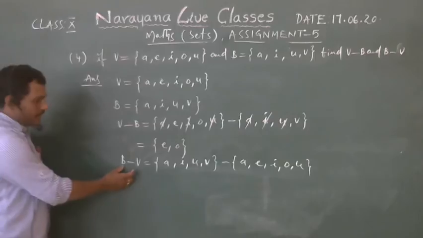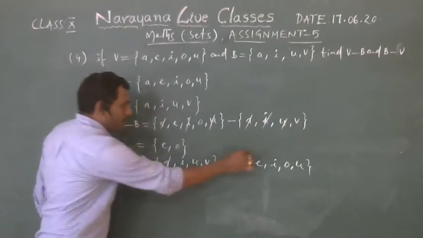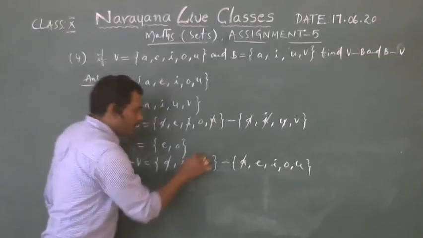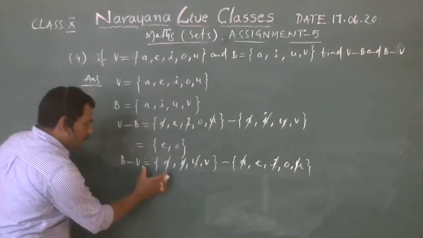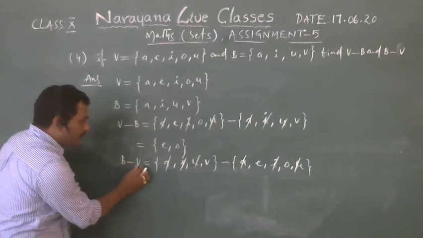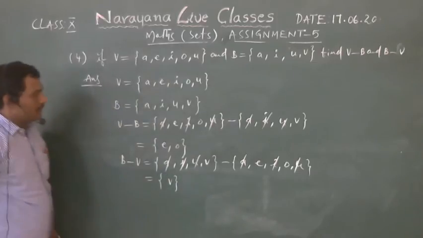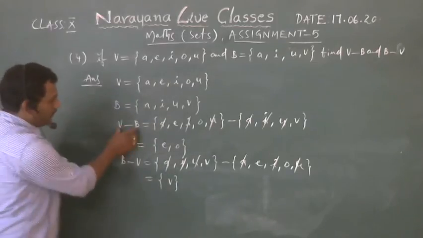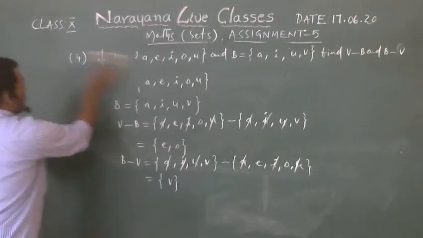With both sets V and B, common elements will be removed. Here A common, U common, I common. So the remaining is only the element of B that does not belong to V. Here the answer is only V. So this is the answer of V minus B and B minus V.